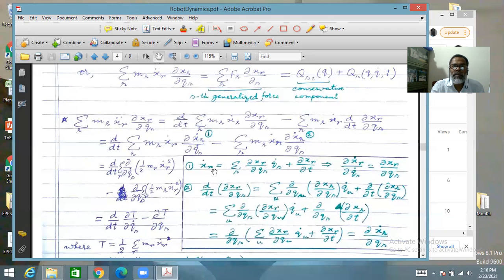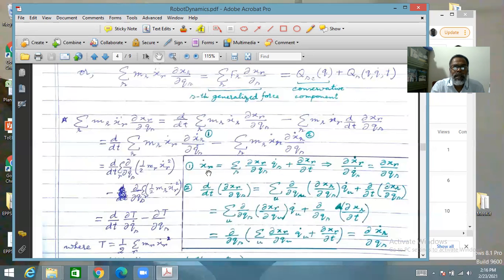So the partial derivative of xr dot with respect to qs dot will be just this coefficient, and this coefficient is this. And that is why in place of del xr by del qs, if we are writing del xr dot by del qs dot, there is nothing wrong. So this is correct.